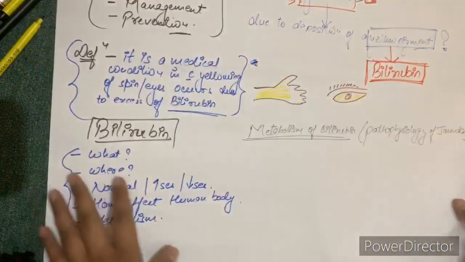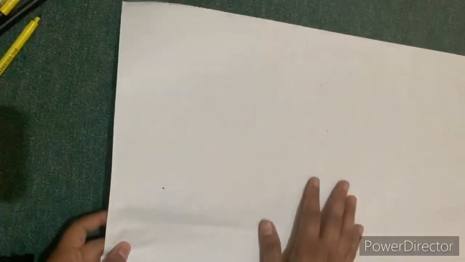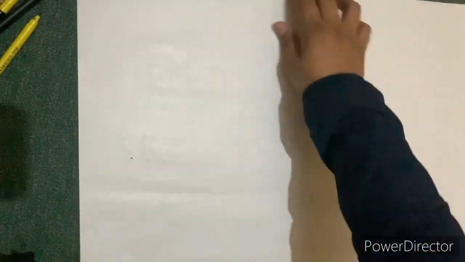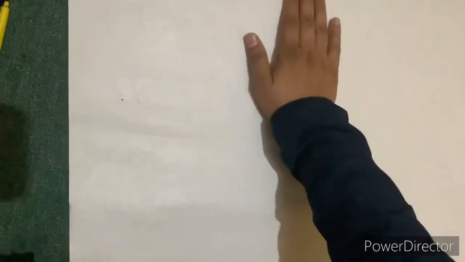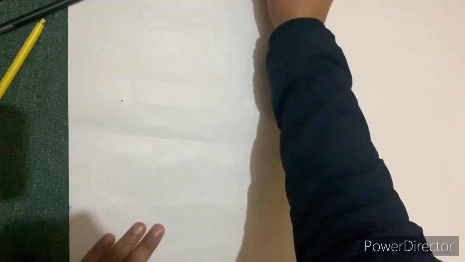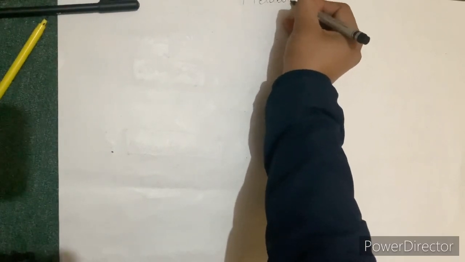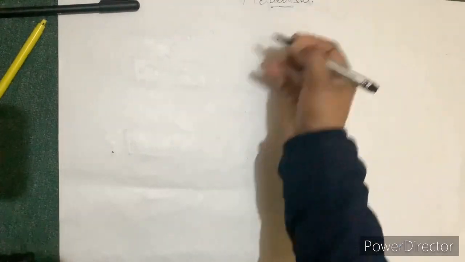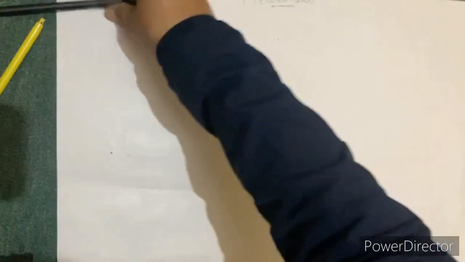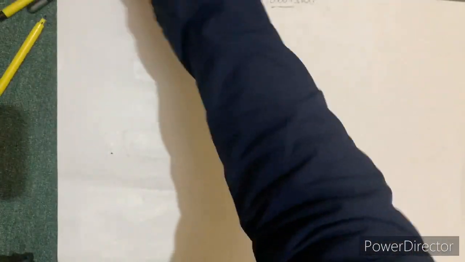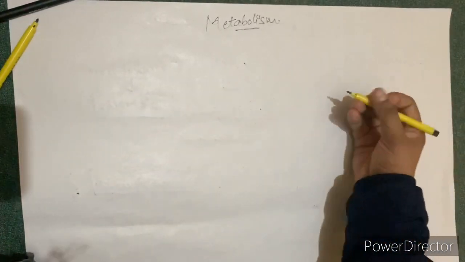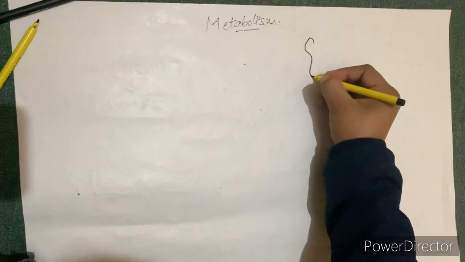I will discuss the metabolism here on the whole page, because metabolism is a very big topic. So here we discuss the metabolism of bilirubin, or the pathophysiology of jaundice. We start from here, where this bilirubin comes from.